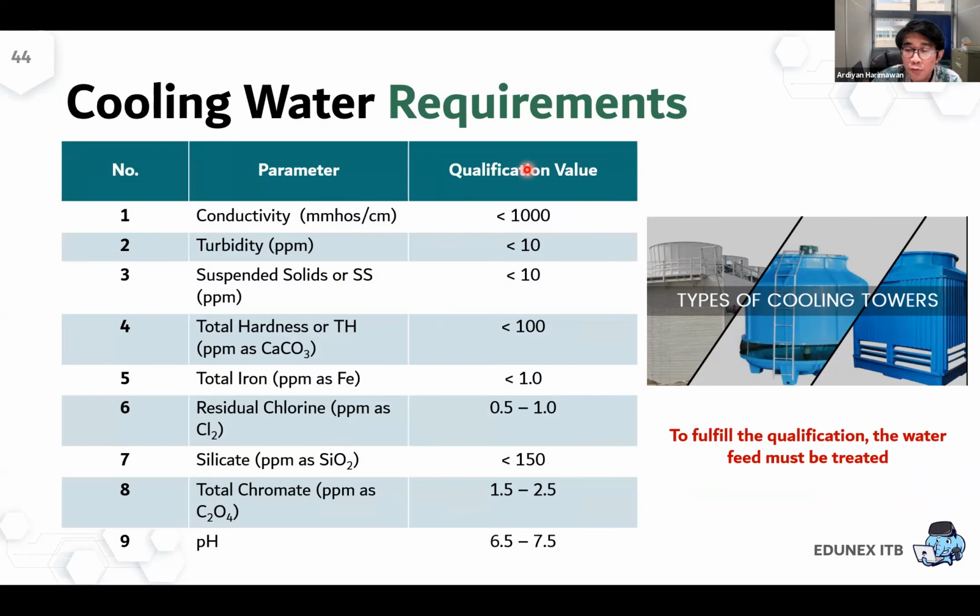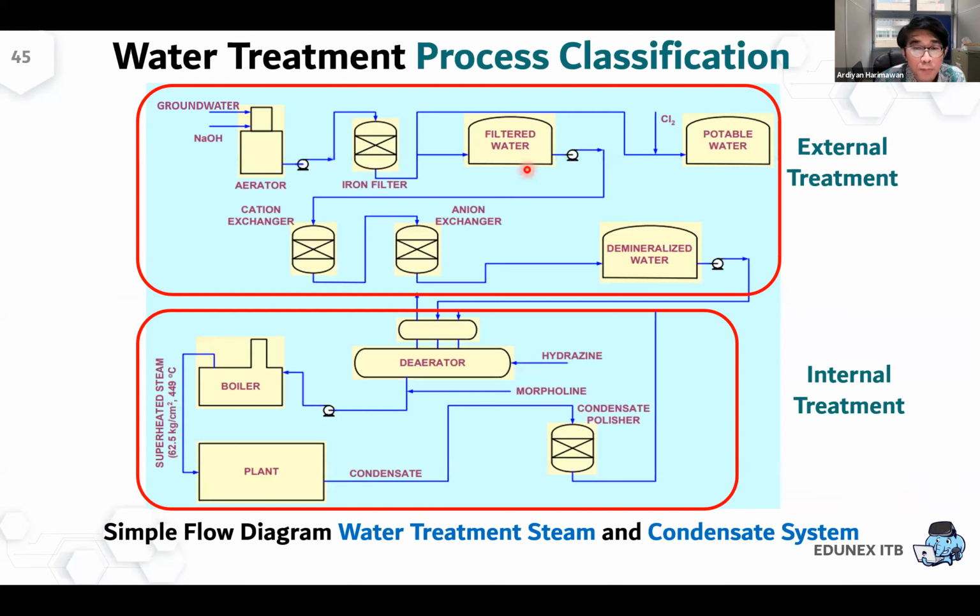Okay, then we go to the next part, which is the water treatment process. Water treatment process is basically the process to treat water in order to meet the requirement. But we can classify the water treatment process into two big categories. First is what we call external treatment.